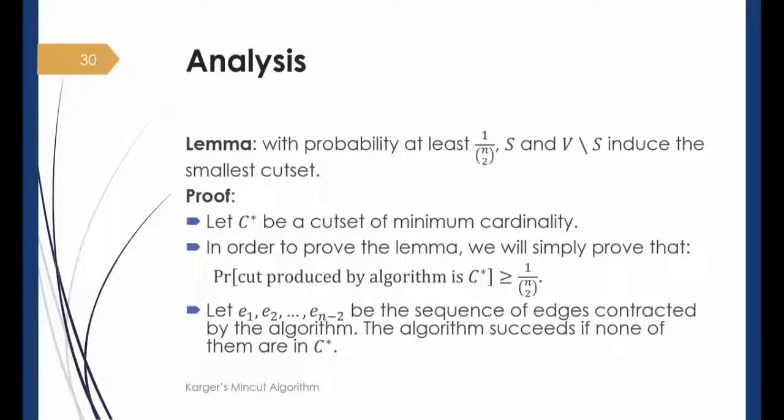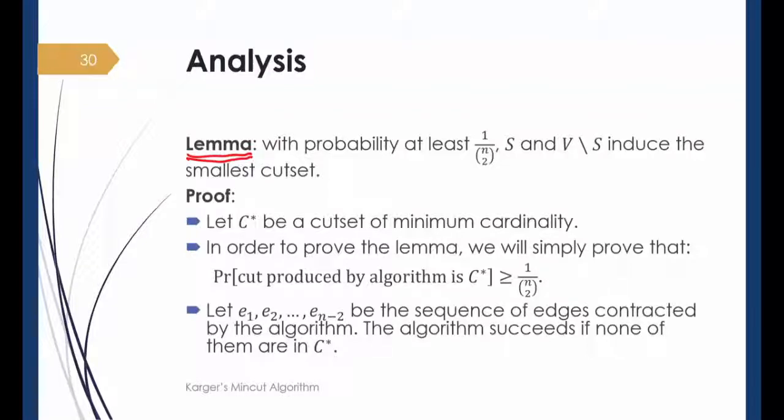In this last segment in today's lecture, we will analyze the mincut algorithm proposed by Karger. And just to recollect, this is the lemma that we are going to prove.